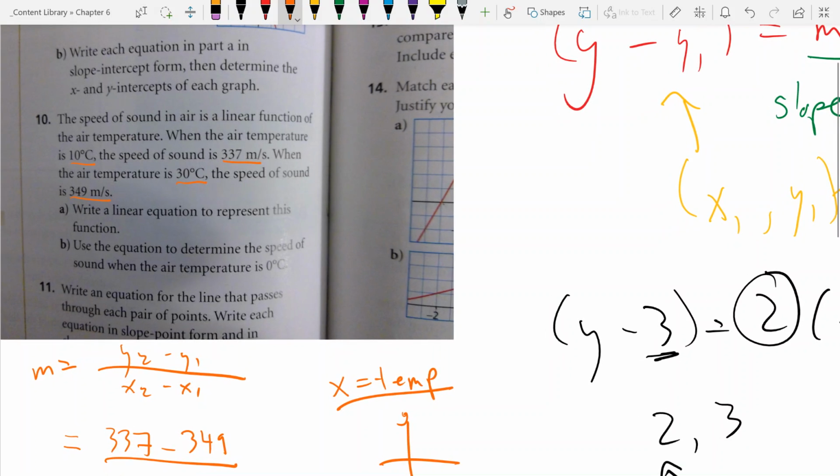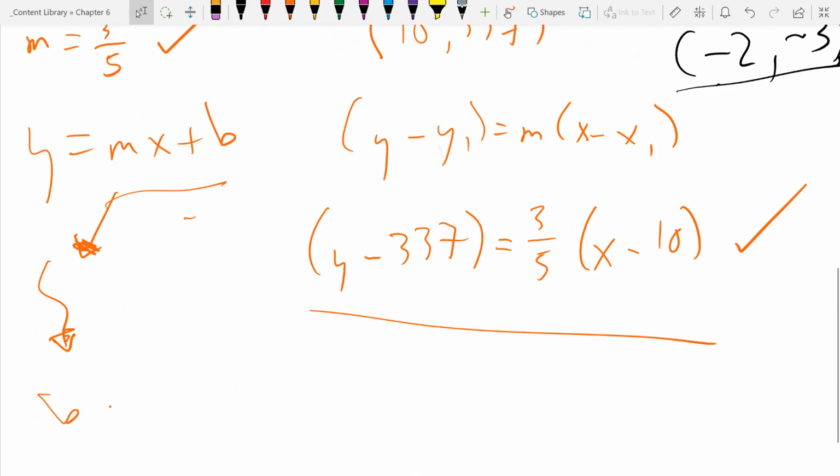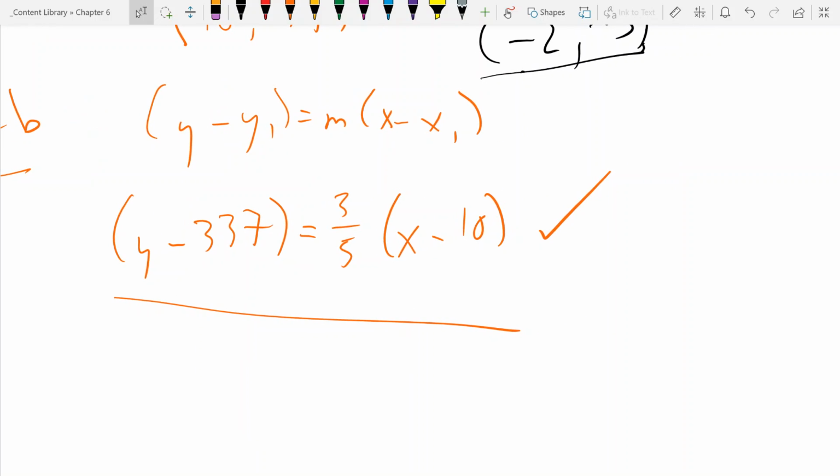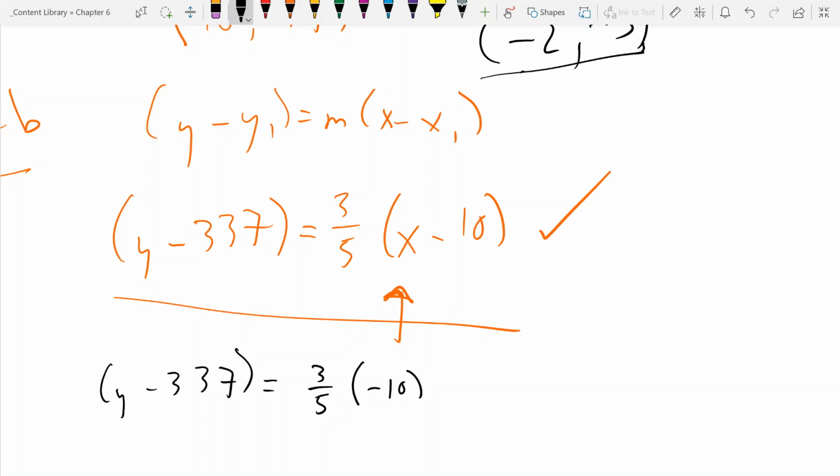Now use the equation to determine the speed of sound when the air temperature is 0. So with my equation right here, all I'm going to do is sub in the 0 degrees for x and solve the rest of it. So x became 0, so 0 minus 10 is just negative 10.